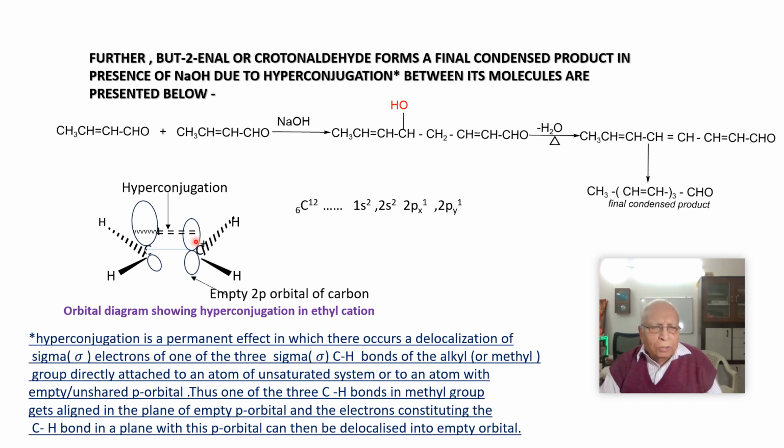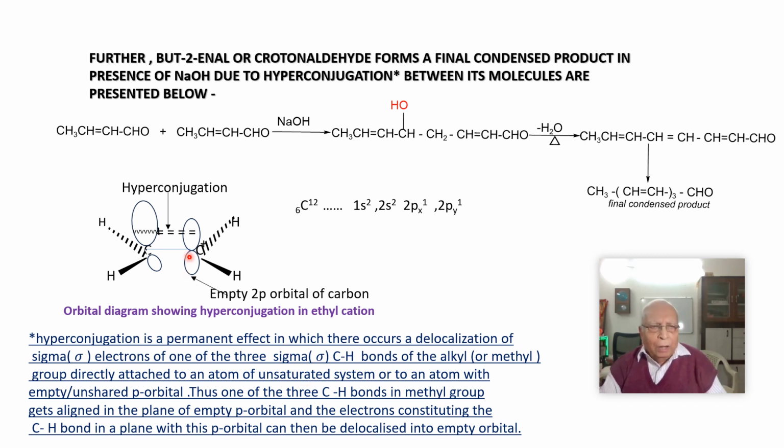Because of this, this carbon becomes positively charged because there is a partial negative charge over here. So this is a permanent effect, a hyperconjugation effect. A few lines are provided here for your reference. You can go through it.